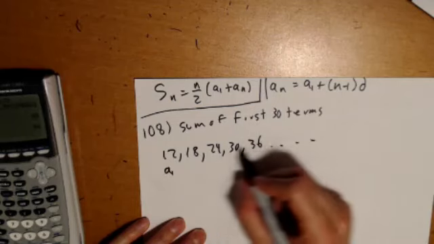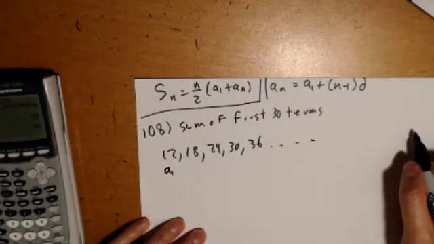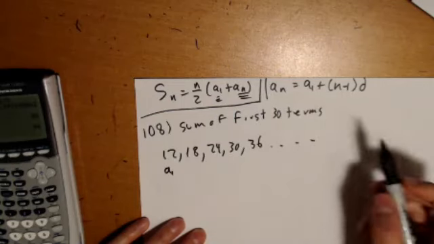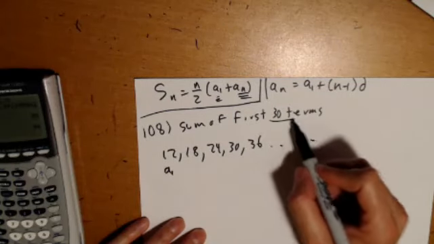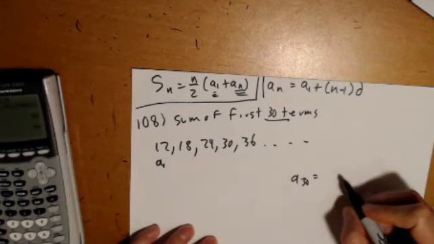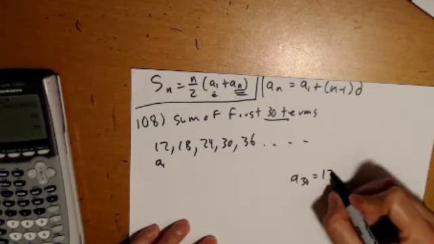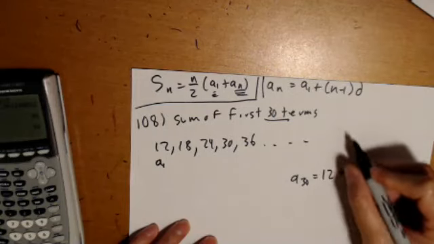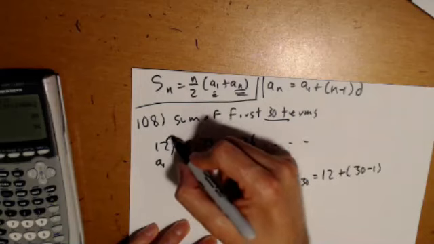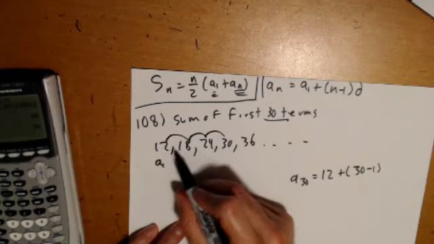Okay, so if I were to list them all out and then add them up. Well, this formula says I just need the first guy and the last guy. So why don't I figure out what A30 is, the last guy? Isn't that just going to be A1, which is 12, plus n minus 1, so 30 minus 1, times the difference. What's the difference from here to here to here? Plus 6, plus 6, plus 6.